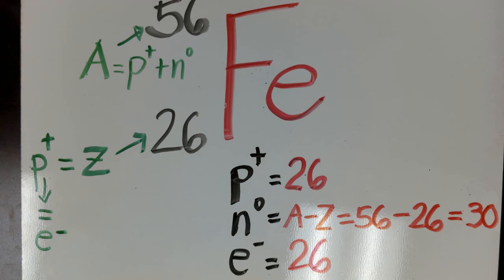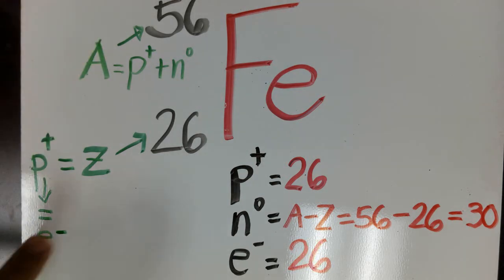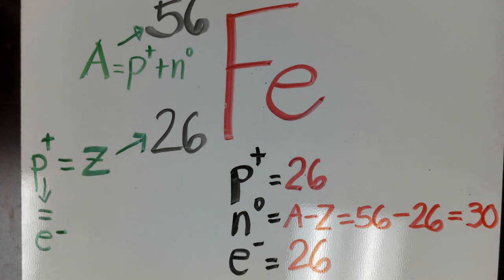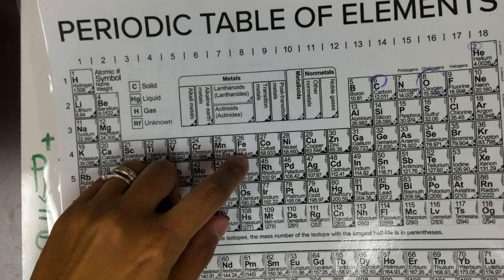And then furthermore, if you're asked for A, you just also put 56 there. If you're asked for Z, then you can just put 26 there. And if you are asked to write the isotope with its name, you go to the periodic table, and the name of Fe is iron.